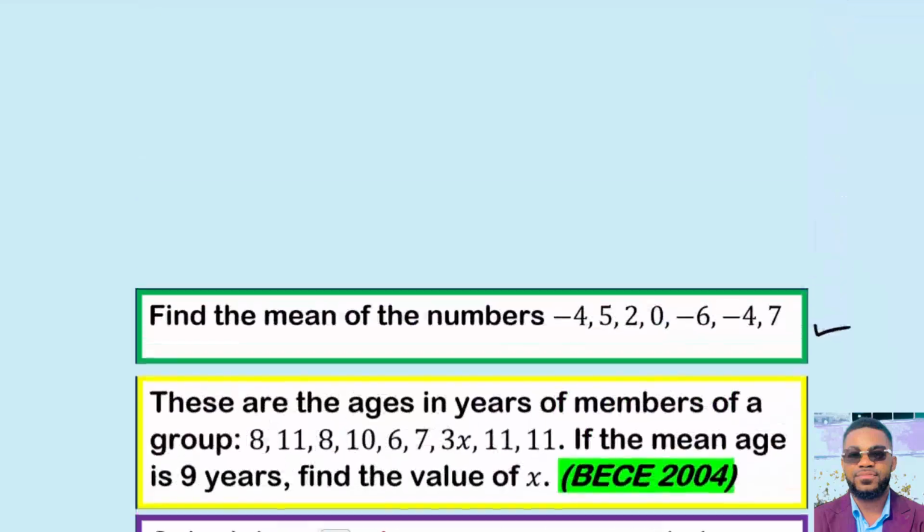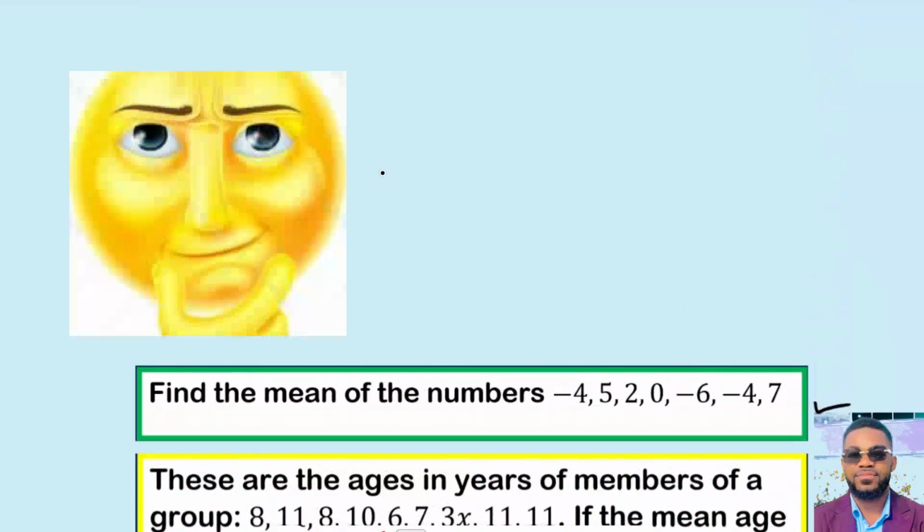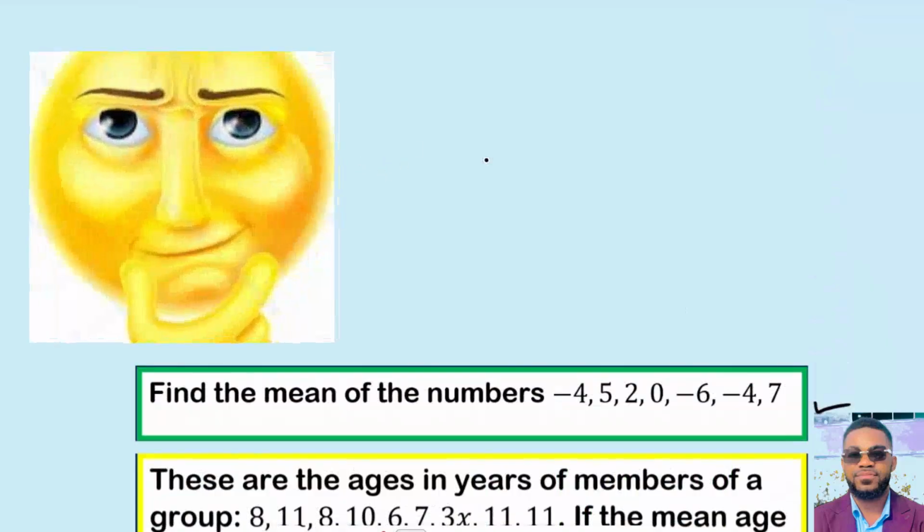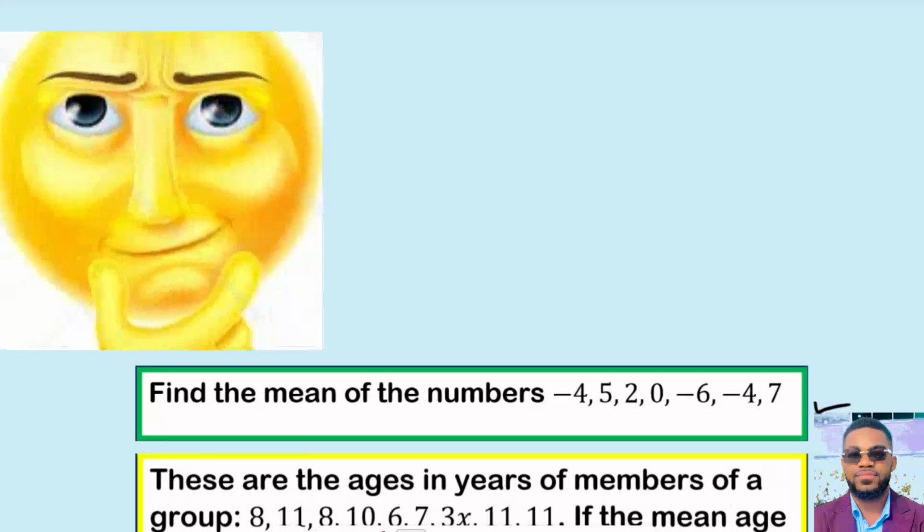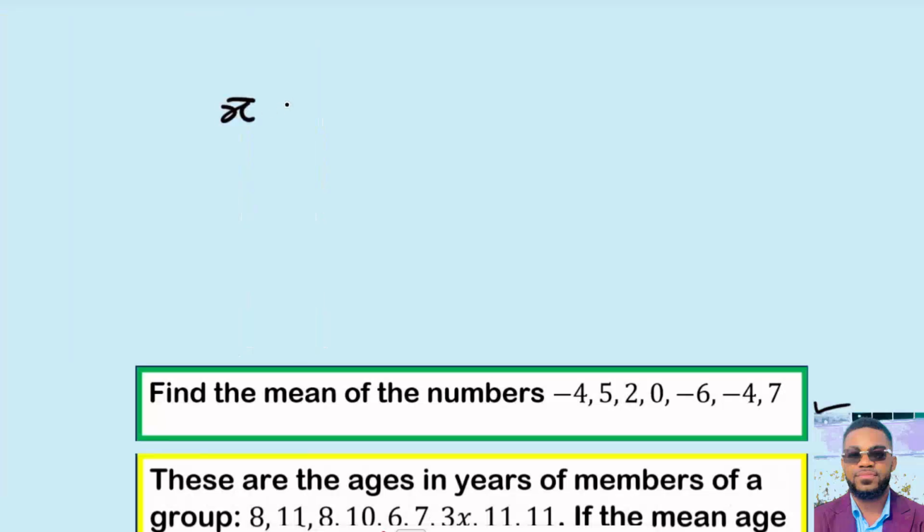So now let's begin. How do you find the mean of discrete data? This is a formula work. The mean, denoted by the symbol x bar, is given by sigma x over n, where sigma x is the sum of the x values. When you talk about the x values, you are talking about the data, the items.